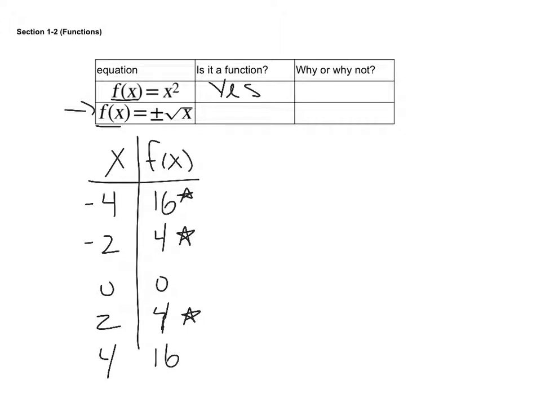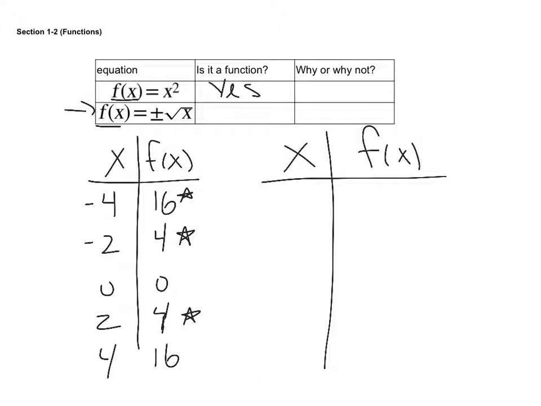Why? Well, let's look for x and for f of x. So when x equals 0, I can have only one value. The square root of 0 is 0. And there is no positive or negative 0. There is only 0. But look at what happens when I put x equals 1 in there. So what is the square root of 1?